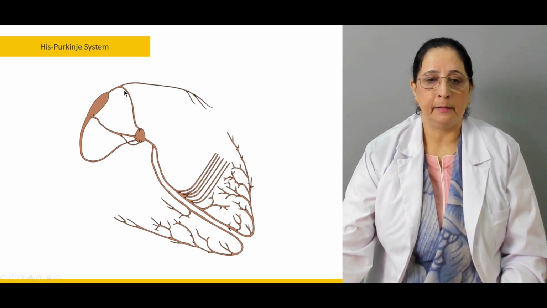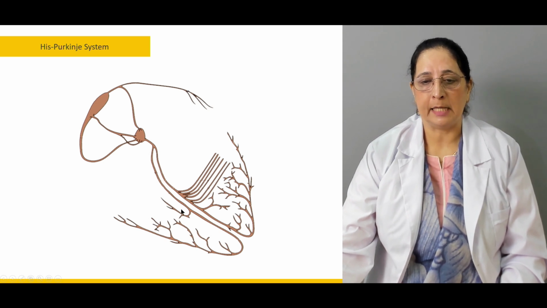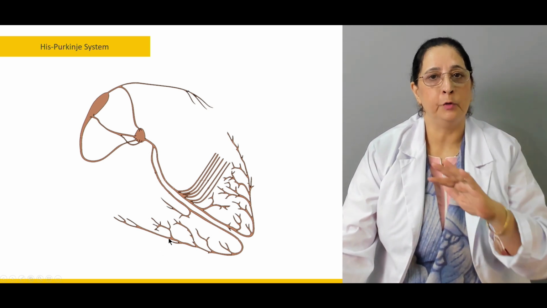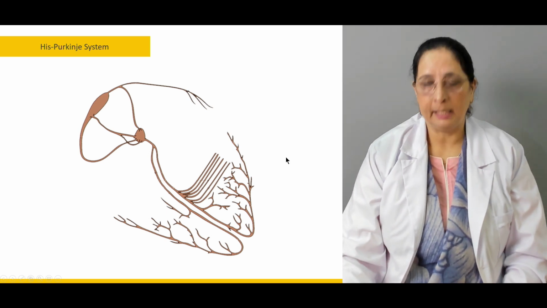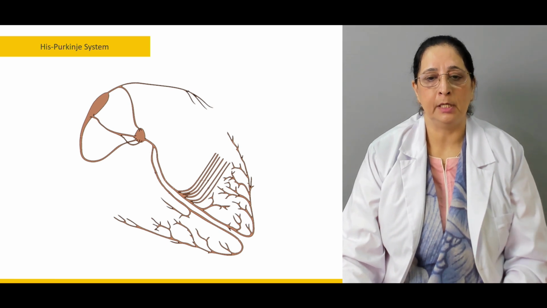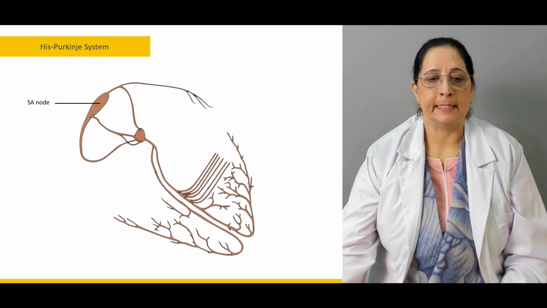These are the Purkinje fibers that come and distribute to different heart muscles and supply the electrical impulses to the heart. So this is the SA node.